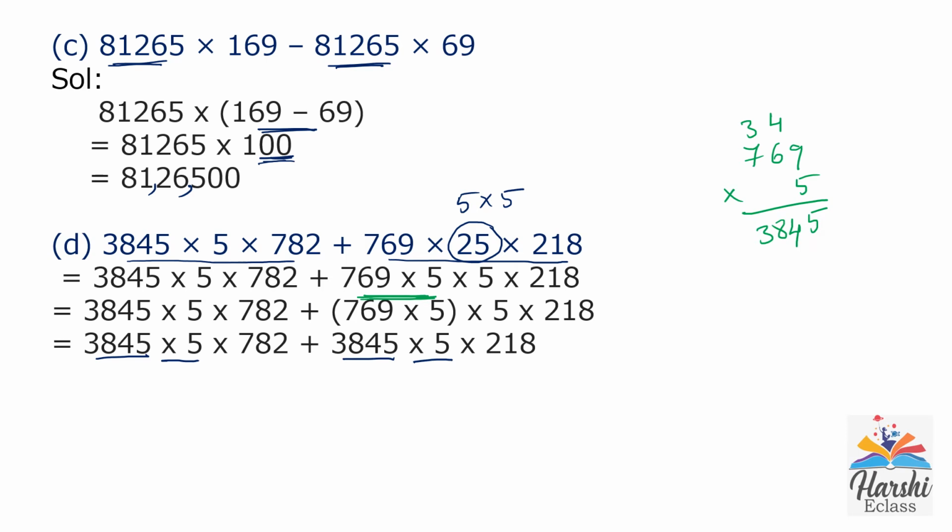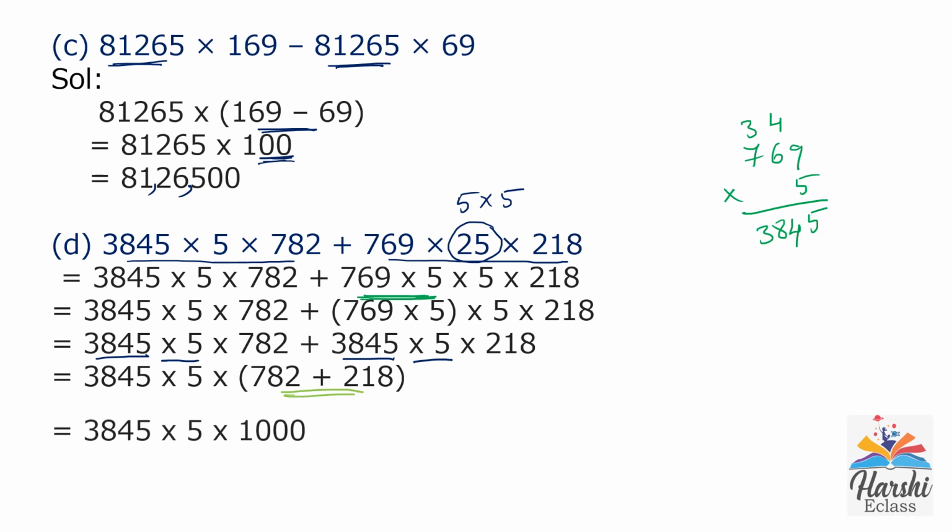Write it as a common number and write 782 plus 218 in brackets. Solve the brackets first. 782 plus 218 is equals to 1000.